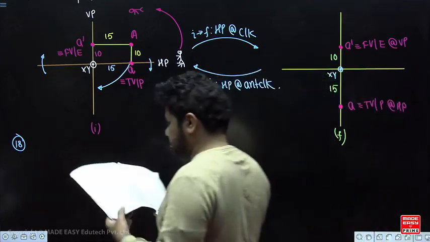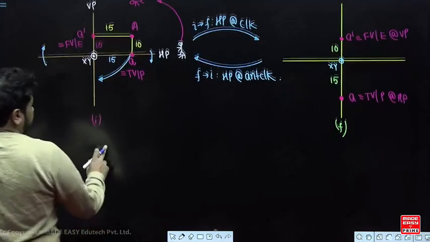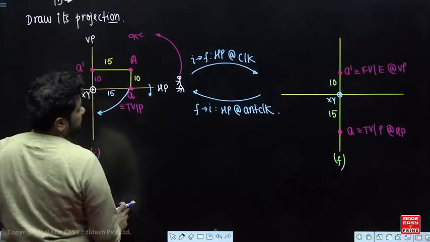See, what is question number 18 saying? कहाँ है ये रहा? If the front view of a point is 40 mm, read the question and try to draw it. Figure it out. यहाँ तक समझ में आया किसी को? बताओ कोई डाउट है?